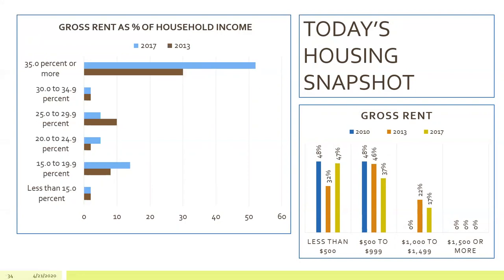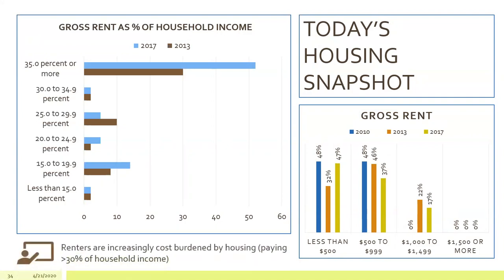And then this chart on the right here is showing gross rent in 2010, 13, and 17. Essentially we're showing the gross rent costs over time, and we're seeing that rents are seemingly going up. That's the takeaway here. Renters in town are increasingly cost burdened by housing, meaning they're paying more than 30% of their household income on housing alone.